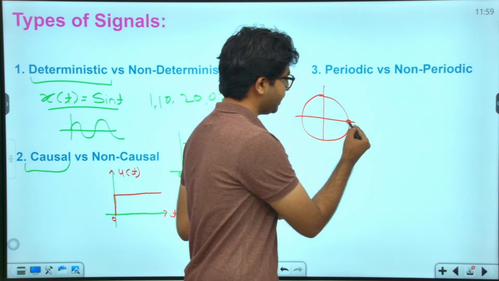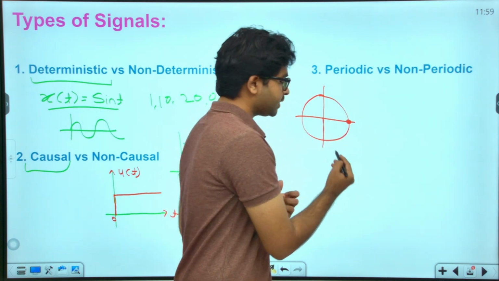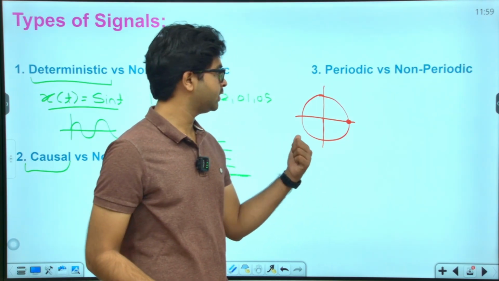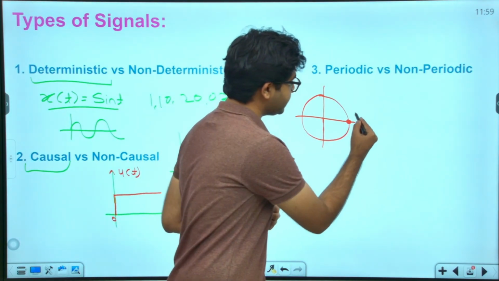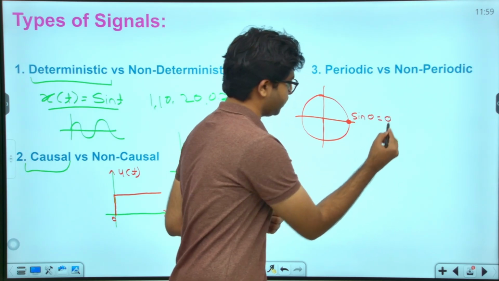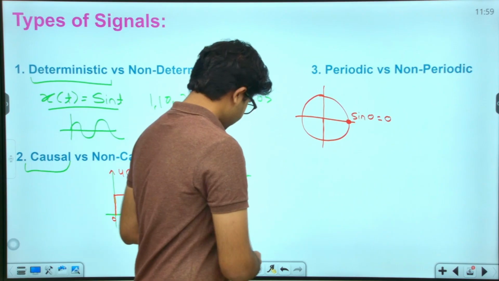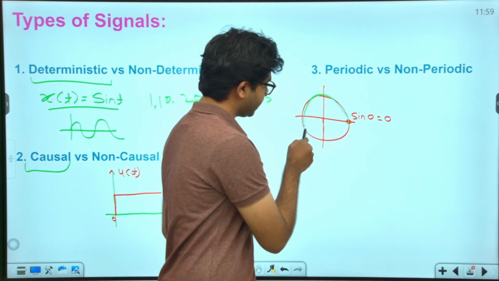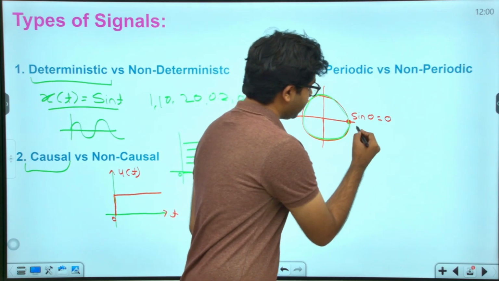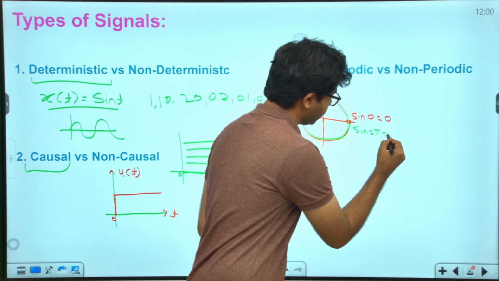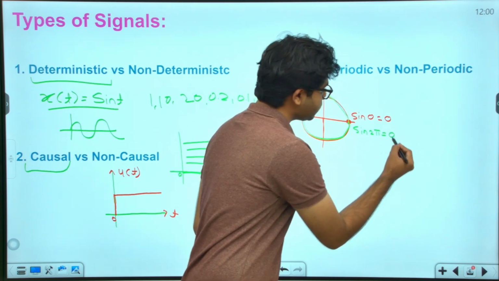Sine and cosine are periodic signals because they follow this notation. Sine 0 is 0. Once I complete this circle, after 360 degrees, sine 2 pi, or sine 360, is also 0.